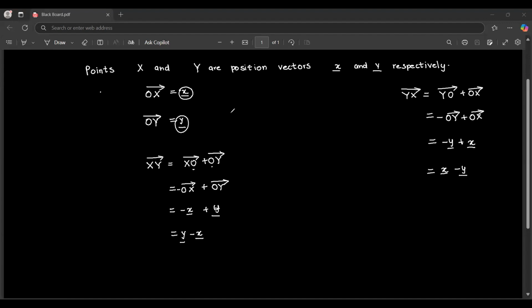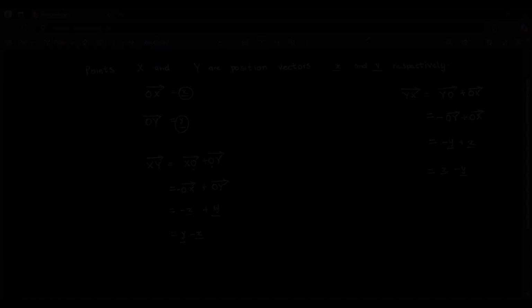So this is how you have to think when you're playing with position vectors. You have to know how to perform these things, or else it will be hard for you to do this question. Keep this in mind, and I'll do practice questions in the next video.